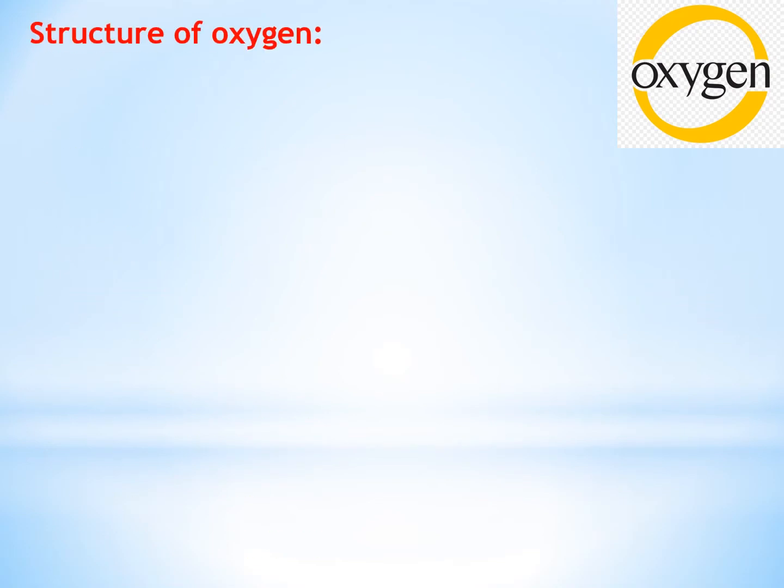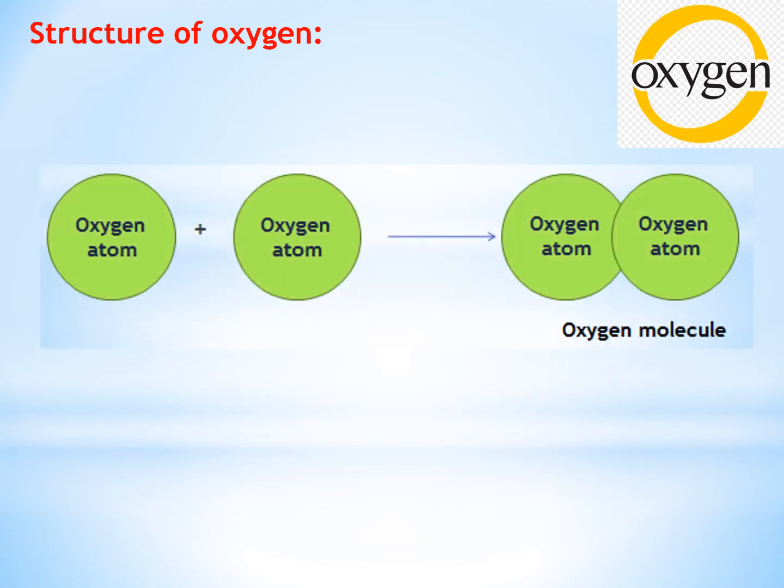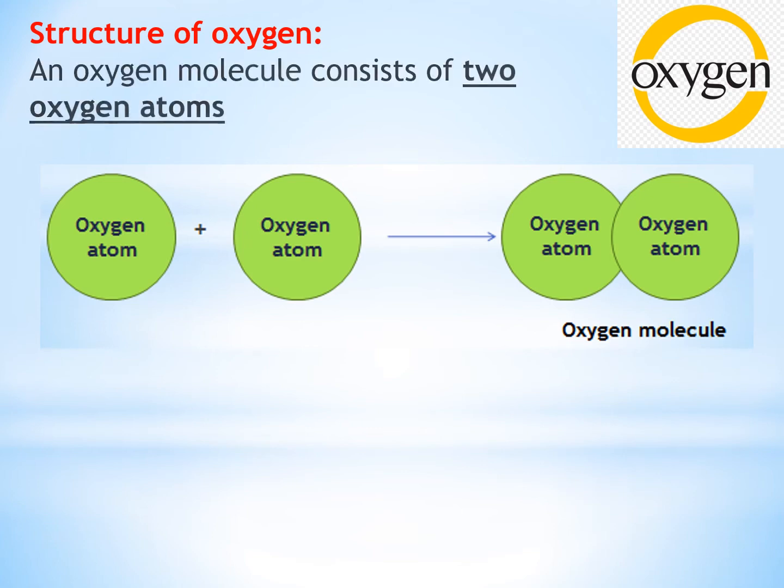Now we are going to talk about oxygen gas. The structure of oxygen gas: it consists of 2 oxygen atoms. When the 2 oxygen atoms combine together, they form 1 oxygen molecule.